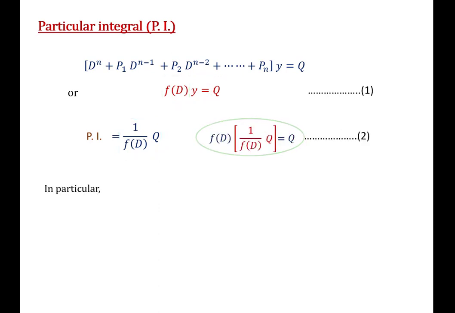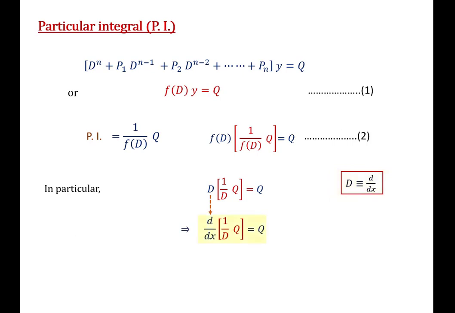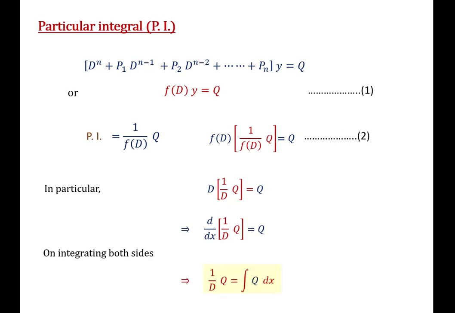in particular, consider D of 1 upon D of Q is equal to Q. As we know that D stands for d over dx, so we get d over dx of 1 upon D of Q is equal to Q. Now integrating on both sides, we get 1 upon D of Q is equal to integral of Q dx.